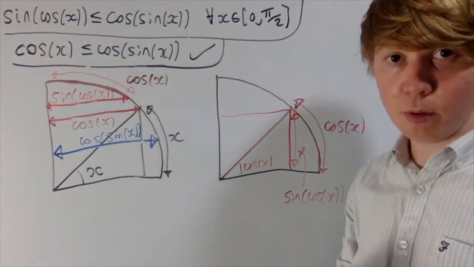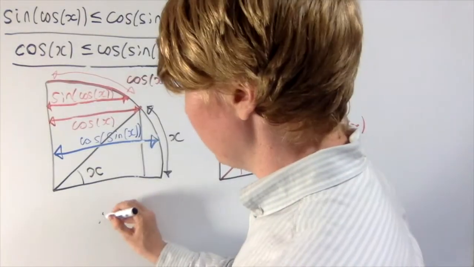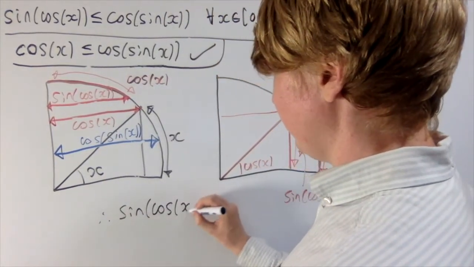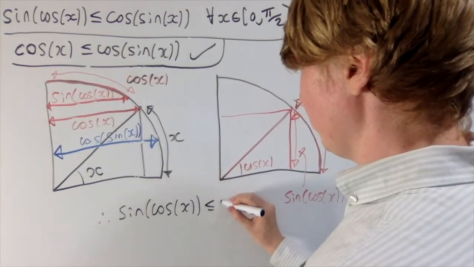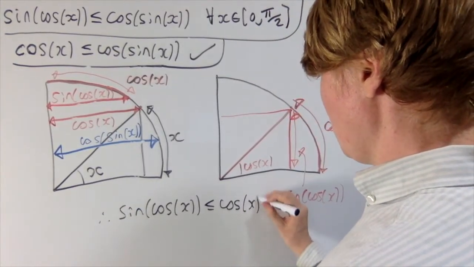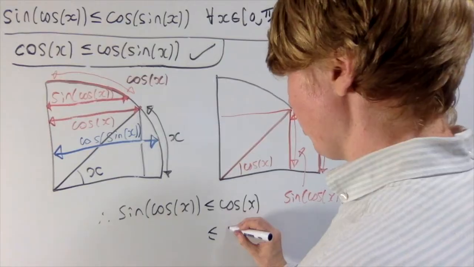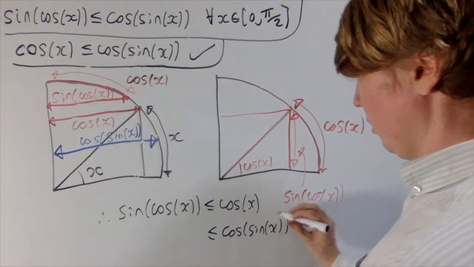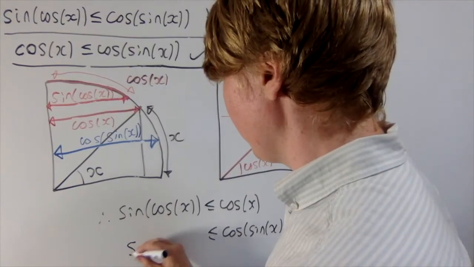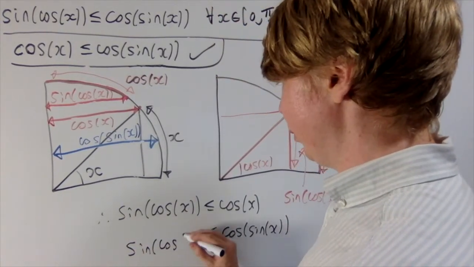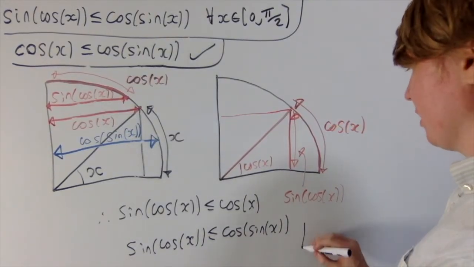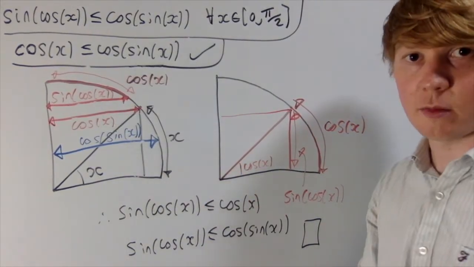So using this proof by picture, you can conclude that sine of cos of x is less than or equal to cos of x, which is less than or equal to cos of sine of x. So you can conclude sine of cos of x is less than or equal to cos of sine of x, using this nice proof by picture.